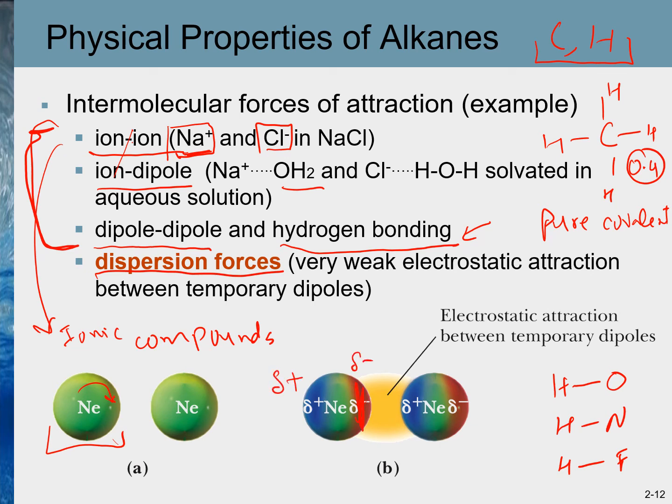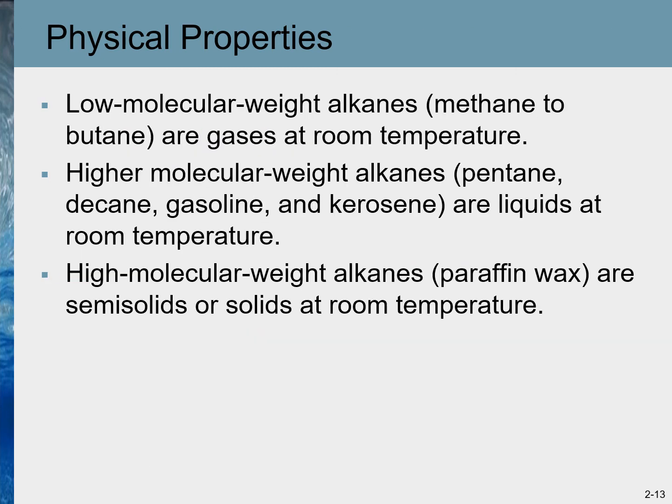So that will create a temporary dipole, and this temporary dipole will generate a temporary dipole in the neighboring atom, and the resulting temporary electrostatic attraction will be categorized as London dispersion force, or simply dispersion force. One thing we should remember is that this dispersion force is extremely weak and it's temporary. The existence of only dispersion force accounts for the fact that low molecular weight alkanes are gases at room temperature.